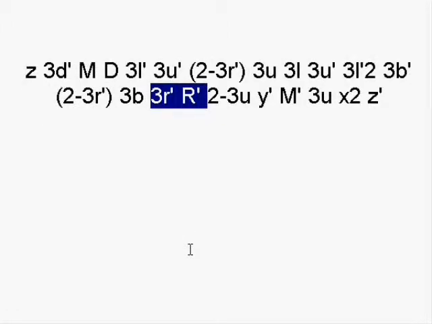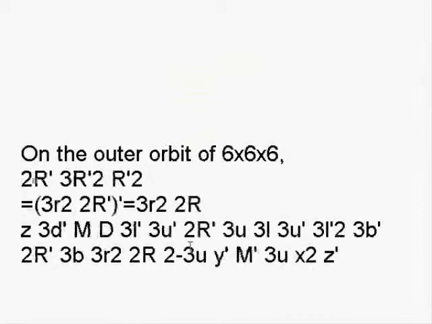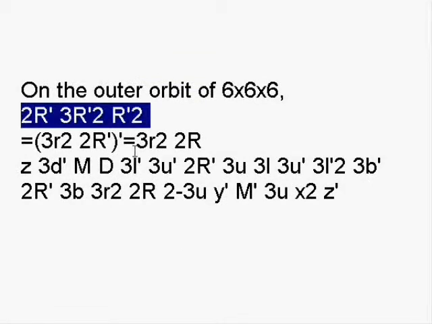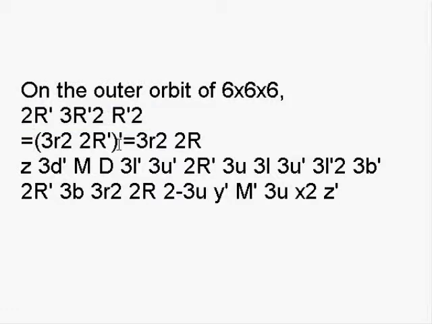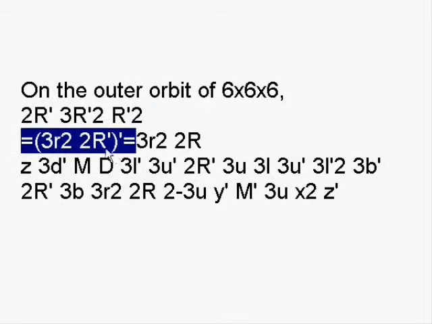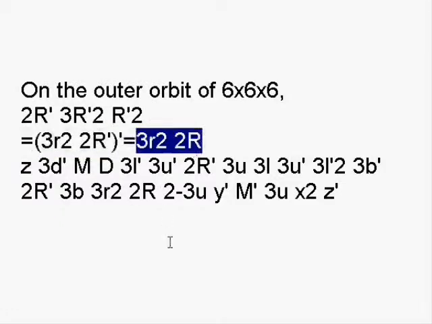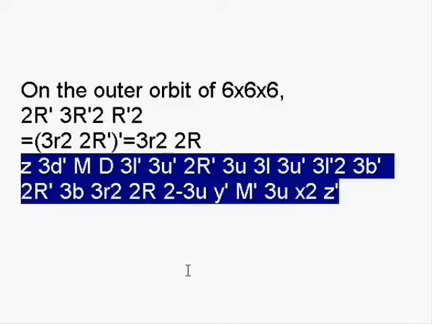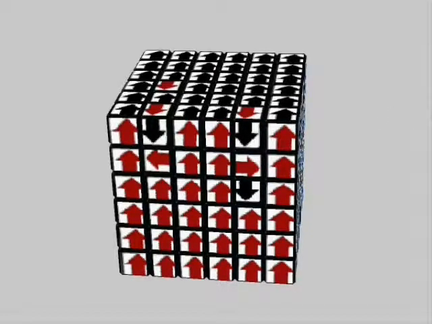So for the outer orbit of the 6x6, that portion I highlighted previously is equivalent to this, which equals the inverse of this, just by doing it on a real cube, so you can see the move equivalence, which can be simplified to that. So in effect, this right here is a translation for the outer orbit to the 6x6.